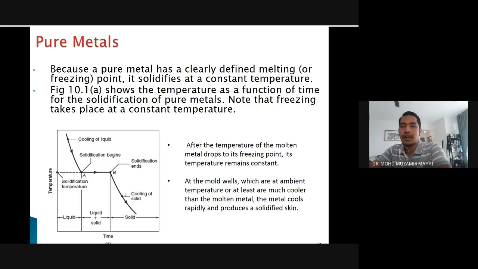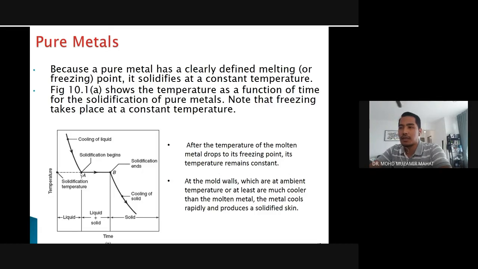So this is how the temperature and time parameters play their roles to explain the solidification of pure metals. This is some explanation referring to this diagram. After the temperature of the molten metal drops to its freezing point, its temperature remains constant.